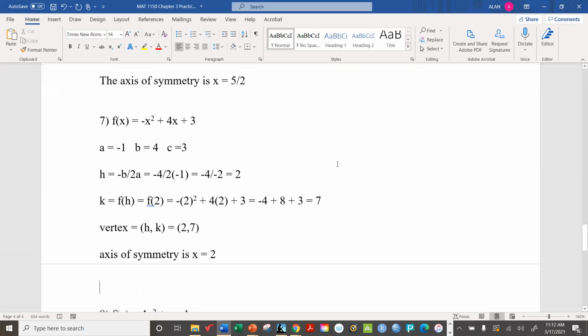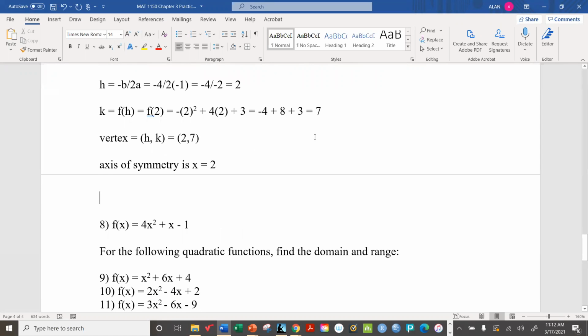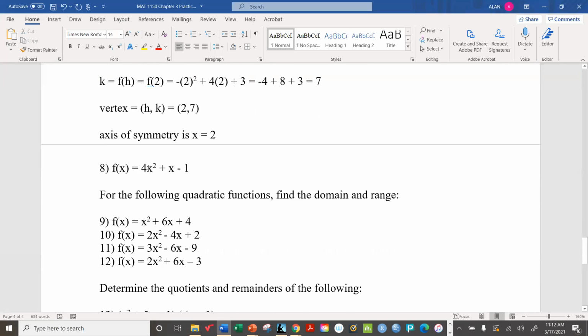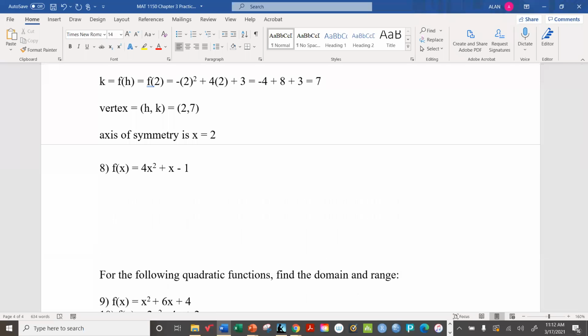Now the next one looks pretty frightening because you've got A is 4. Usually the higher the value of A, the more messy the answers become. That's just an unfortunate reality.